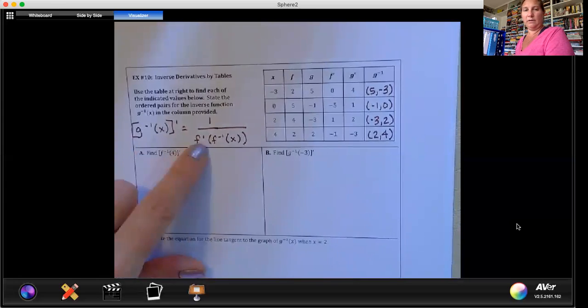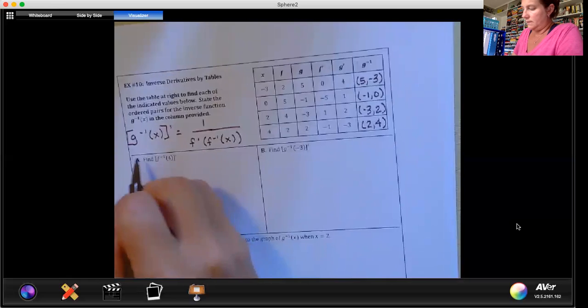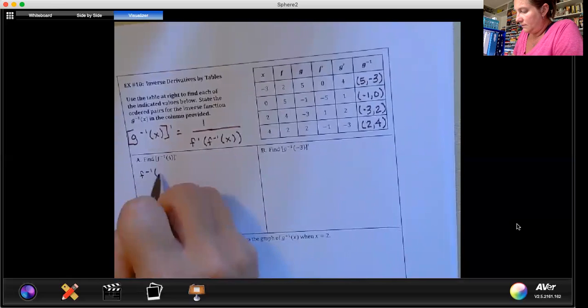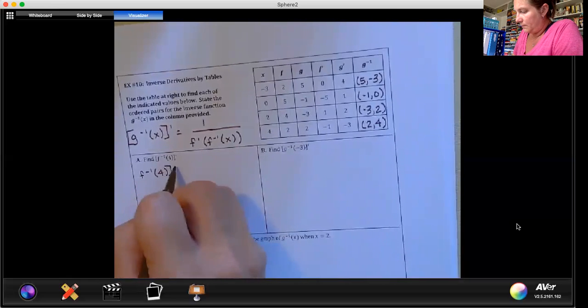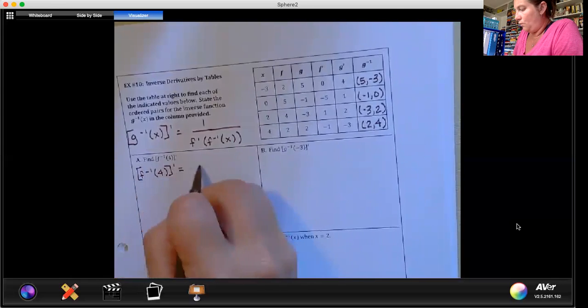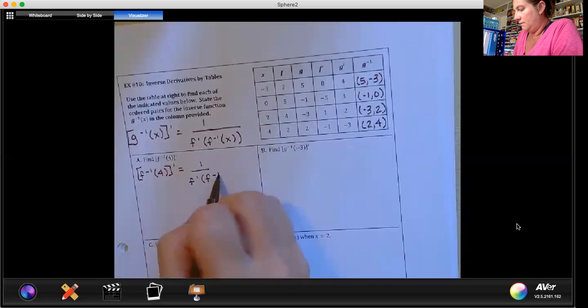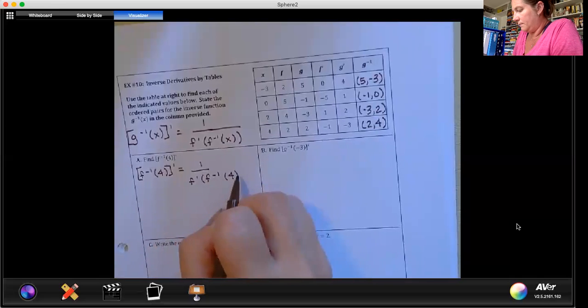So here's the formula that we're going to follow in order to find our answers here. The derivative of the inverse of F at 4 is going to be 1 over F prime of the inverse of F at 4.